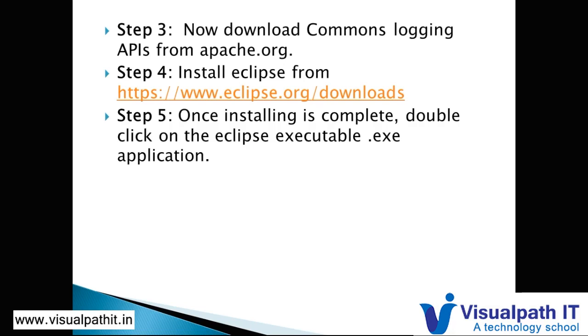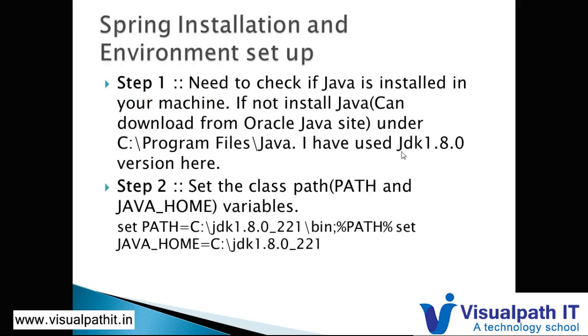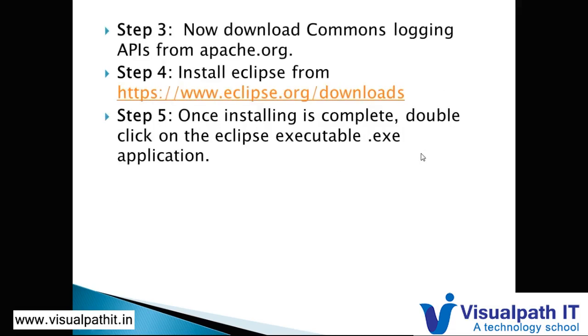Install Eclipse from the eclipse.org downloads and see to it that it is compatible with your Java version. Sometimes some versions of Java like 1.7 might not work with the latest Eclipse versions. So see to it that both are compatible.